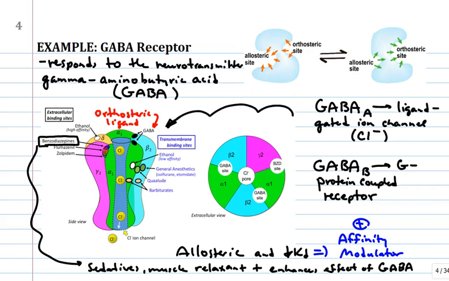So I guess this image in the top right just shows us that allosteric sites and orthosteric sites can be pliable a little bit. Binding in the allosteric site can change the orthosteric site. So that's how we can do this affinity modulation. And so we're going to see many examples of this as we move forward in terms of signal transduction.